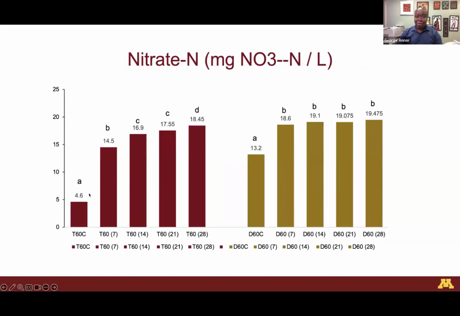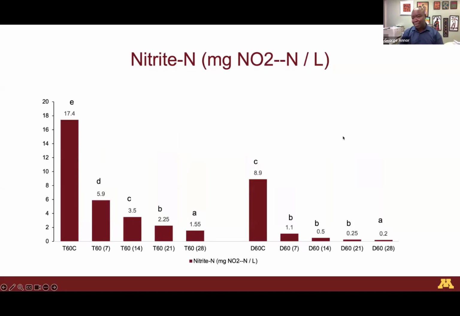Nitrates also saw an increase over time, but stabilized after 2 weeks. We saw this in the tap water and also in the deionized water. What was interesting to us was the amount of nitrites. We were losing nitrite over time. And where did it go? As I said, this nitrite was probably being converted to nitrates.